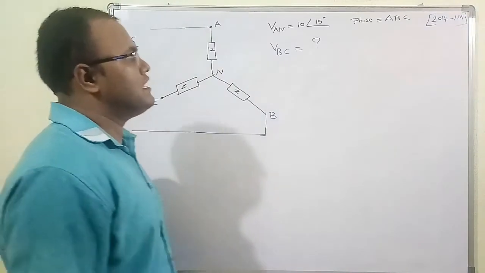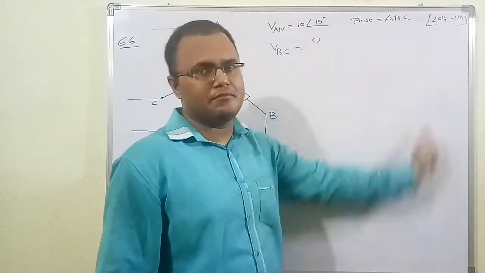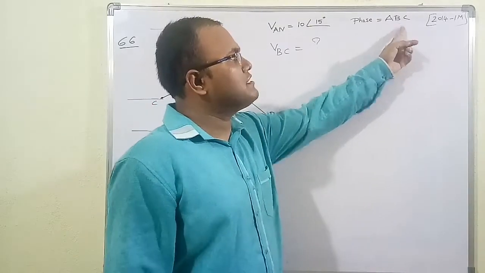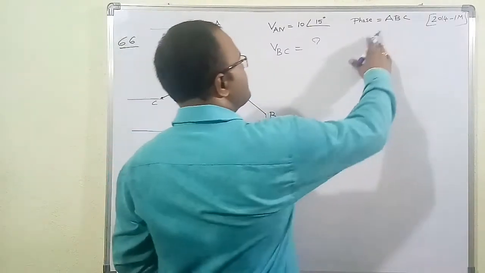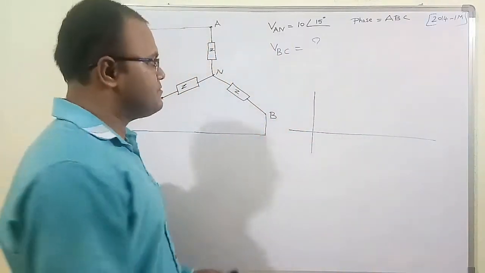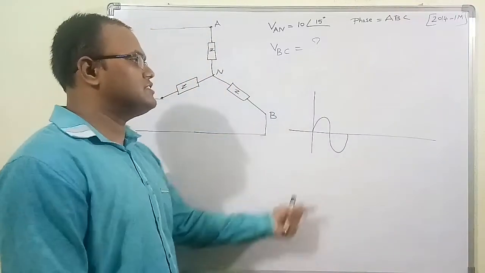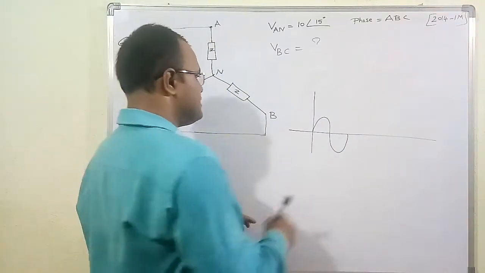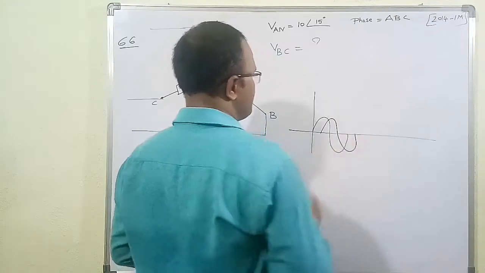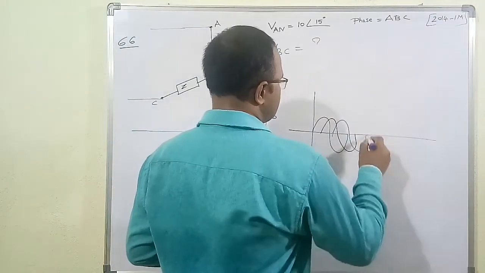I already told you in my previous lectures about the phase sequence ABC. I am repeating it again, just listen carefully. Phase sequence ABC means, suppose this is the voltage in line A, and similarly the voltage in line B is the second curve, and the voltage in line C is this one.